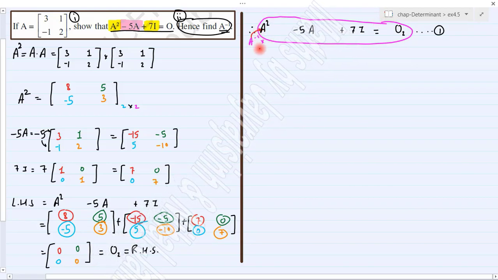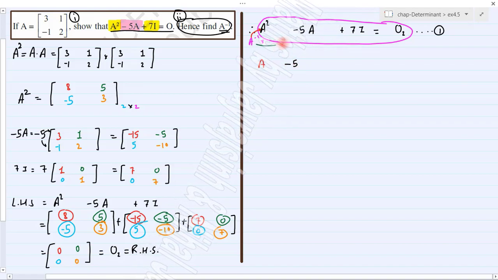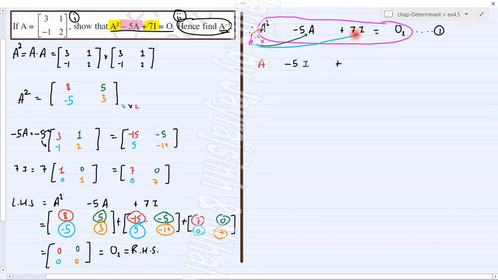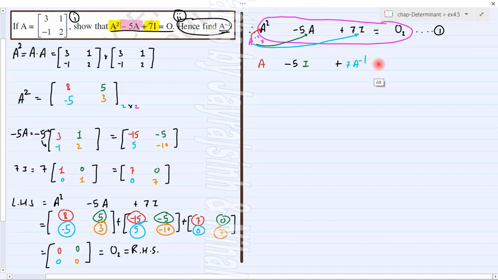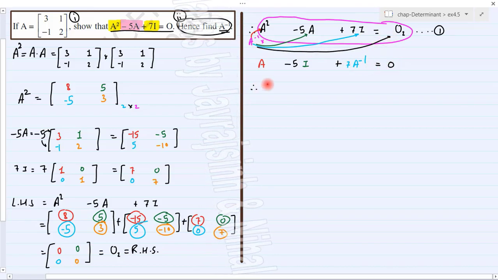So A inverse into A square will give us A, then minus 5 A inverse into A will give us identity matrix, plus A inverse into 7I will give us 7A inverse, and A inverse into 0 matrix will be 0 matrix.